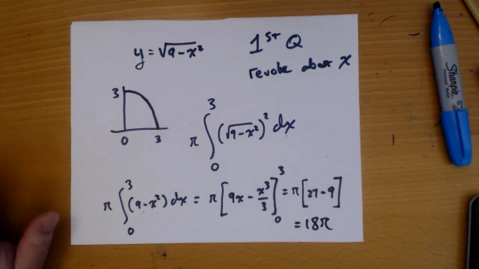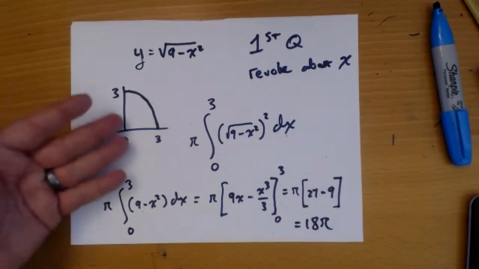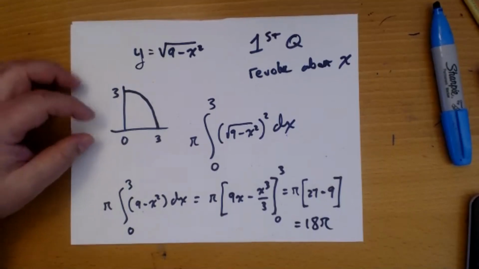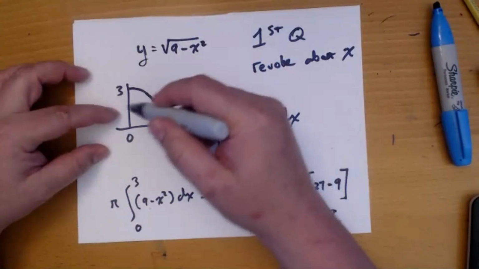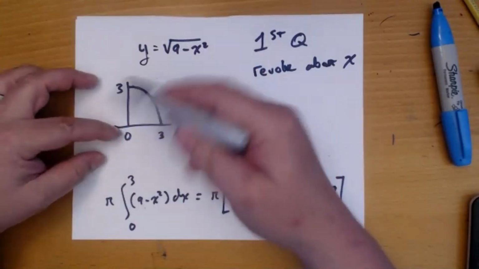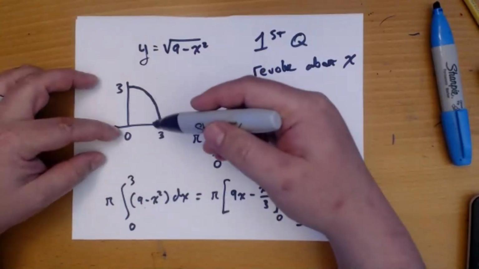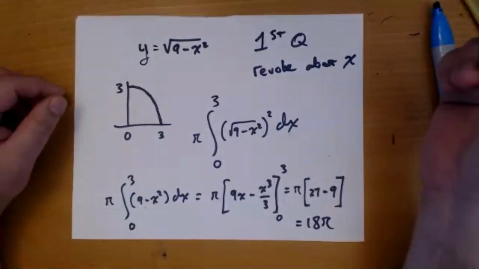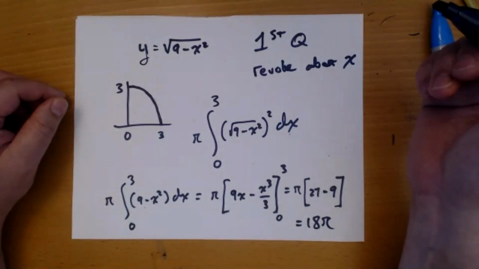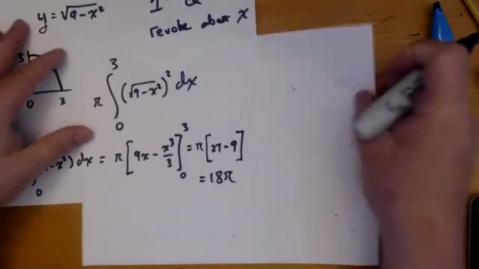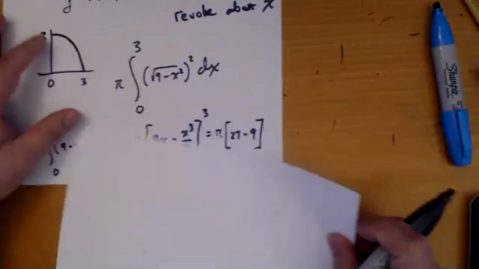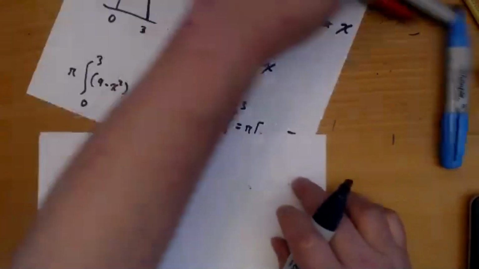Now, let's confirm our results just because we can, because this is a shape that we already know. If I were to take this arc, this quadrant of a circle, and spin it around the x-axis, what shape would I have? Half of a sphere. What's that called? Semi-sphere. Hemisphere.